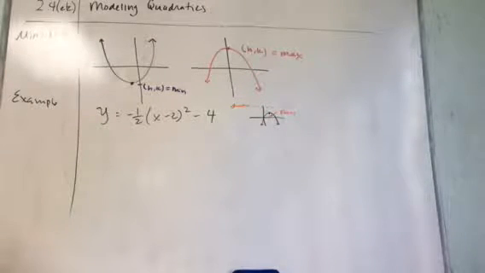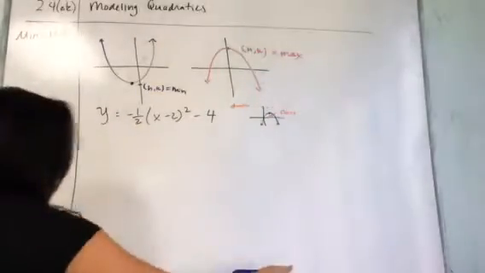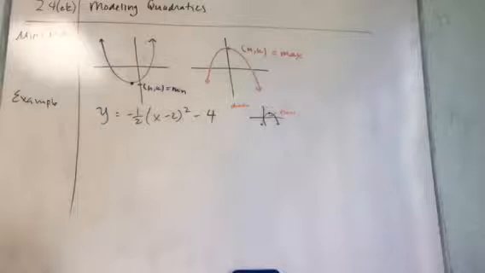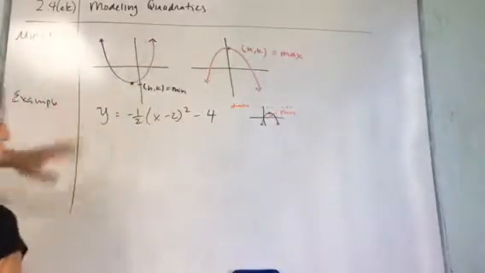So not that long ago, I think it was 2.3, yesterday maybe, you guys took notes on the general equation of a parabola with respect to a focus and directrix. I had a chart here with the 4 quadrants.